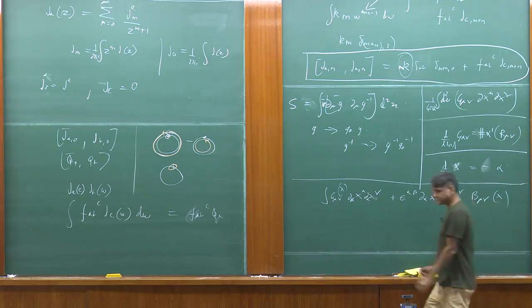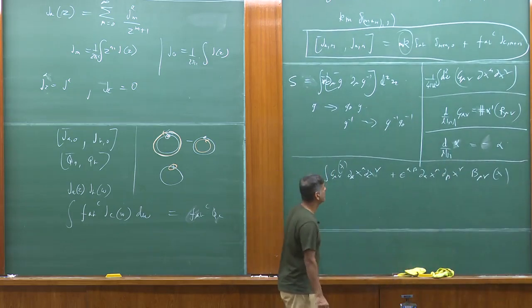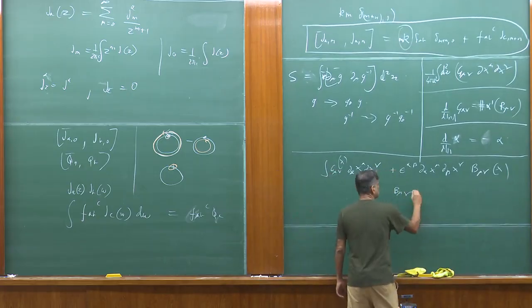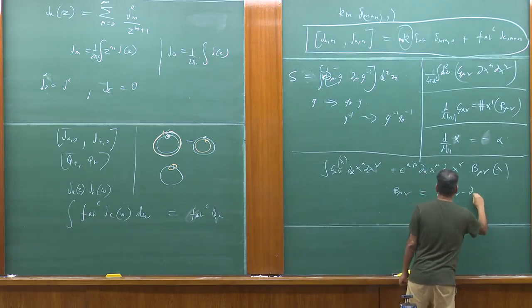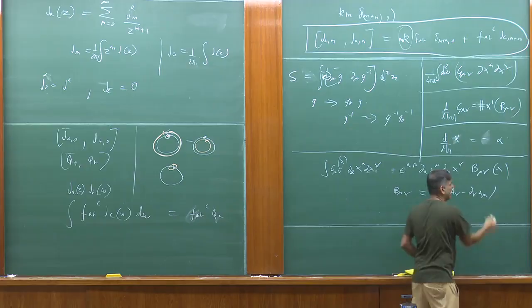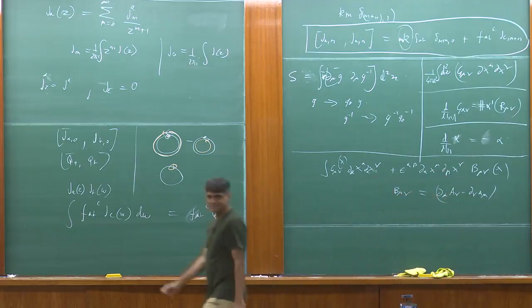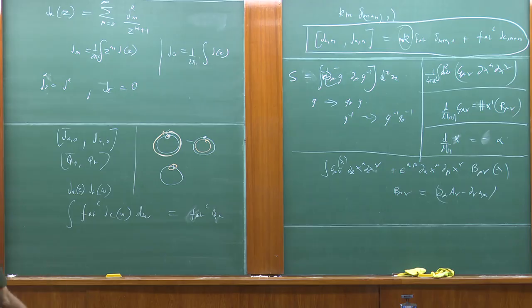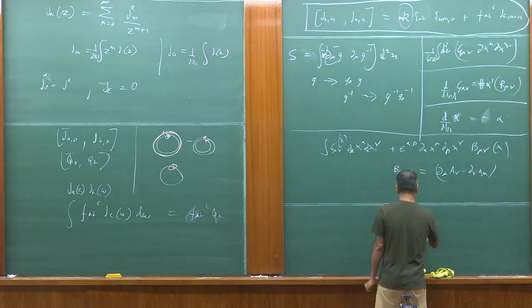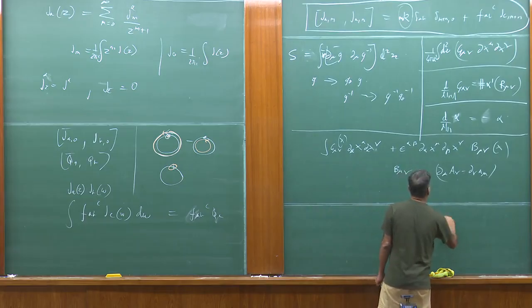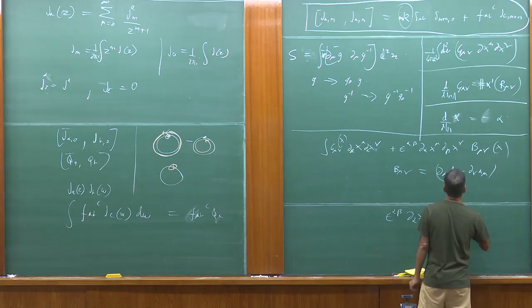Suppose I choose b mu nu to be del mu a nu minus del nu a mu, where A is any vector field. The minus was needed because of the antisymmetry. Okay, so suppose I chose that. Then let's examine this quantity. This is epsilon alpha beta del alpha x mu del beta x nu, and then write this term, say del mu a nu.